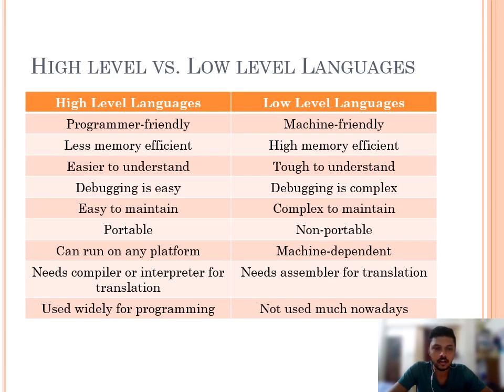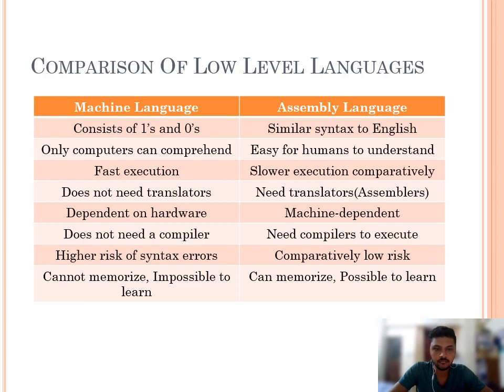When we compare high-level languages and low-level languages, high-level languages are more user-friendly and easy to understand, and they are widely used in the programming field nowadays. Machine language and assembly language are the low-level languages.